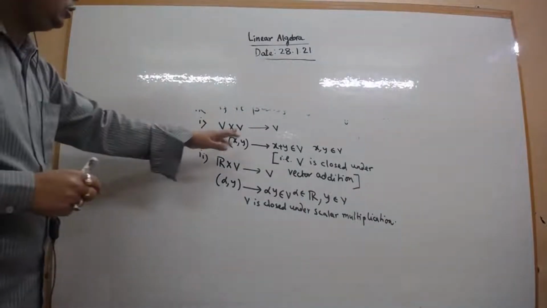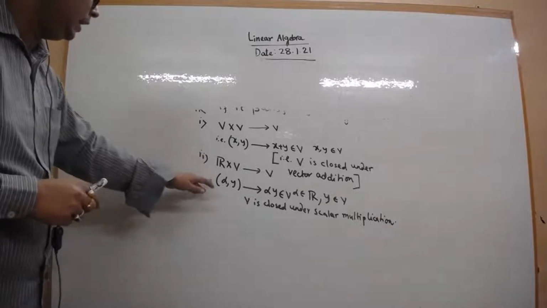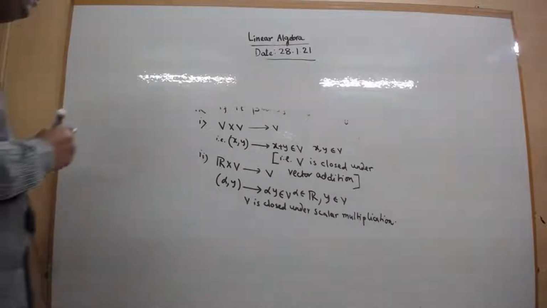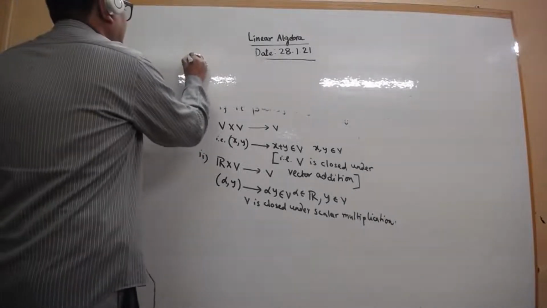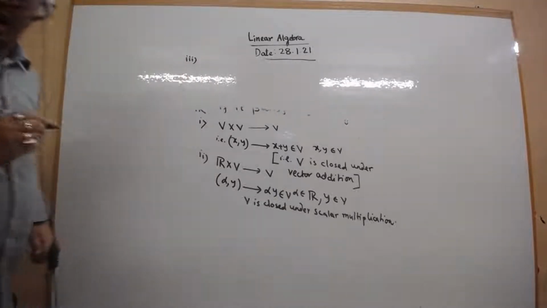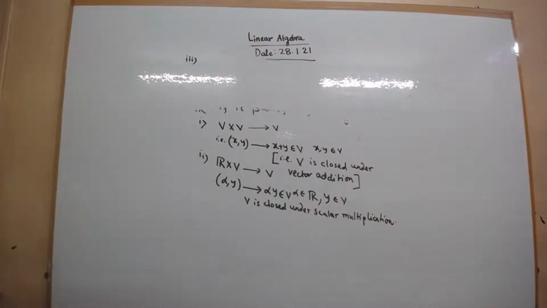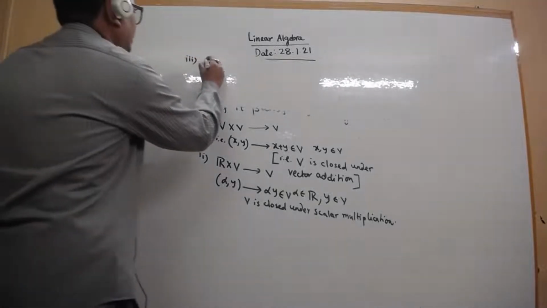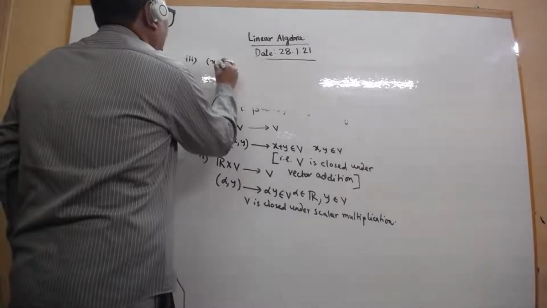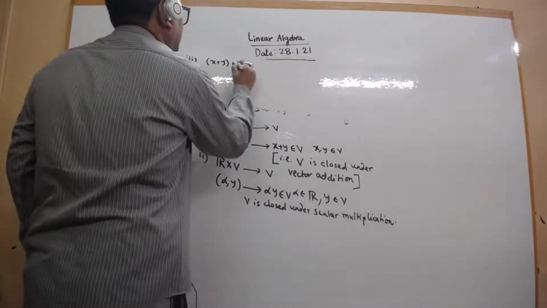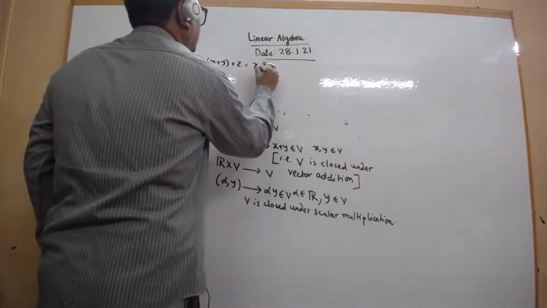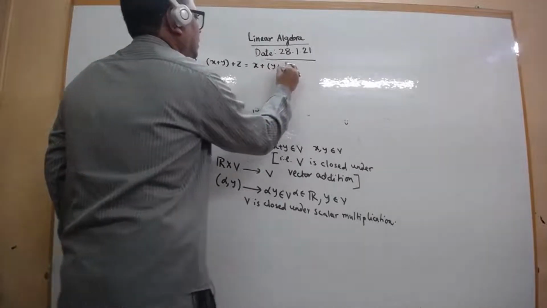Okay. So the first axiom is closed under vector addition. The second axiom is closed under scalar multiplication. Third, this is the associative property. So (x plus y) plus z equals x plus (y plus z).